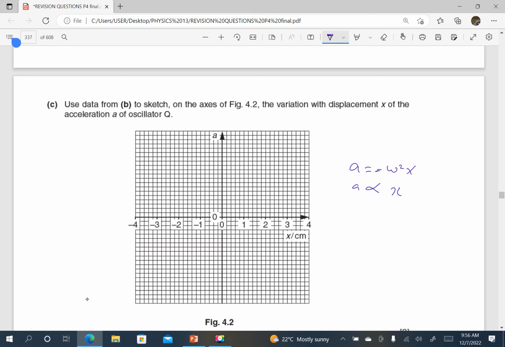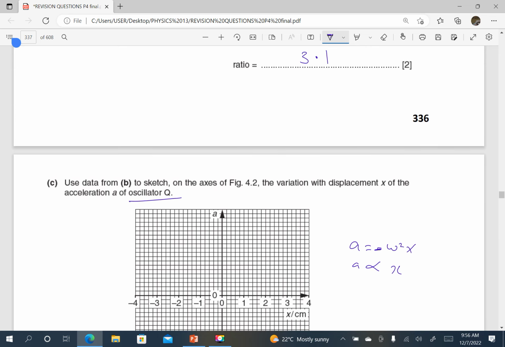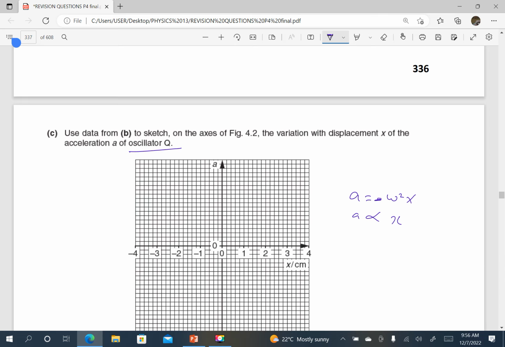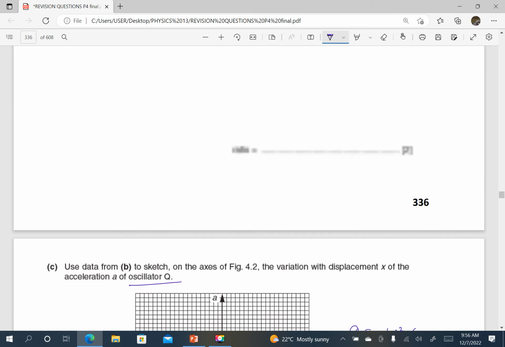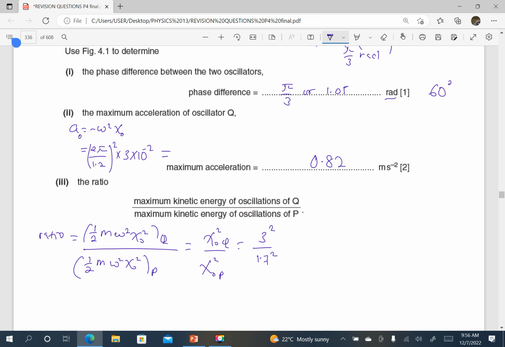But the negative means the line should have a negative gradient. Okay. We have seen that. Remember, we are sketching for oscillator Q, whose maximum displacement or amplitude was 3. So on the x-axis, our graph should not go beyond 3. And our maximum acceleration is 0.85.